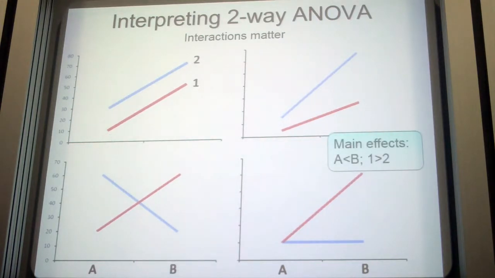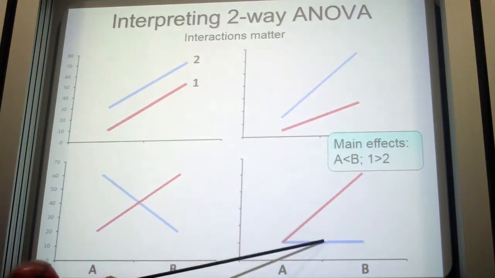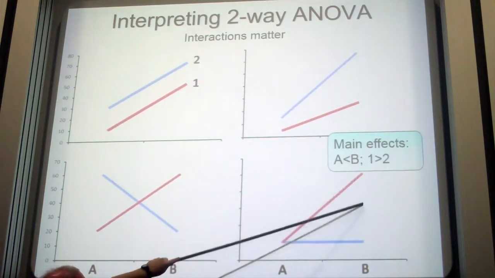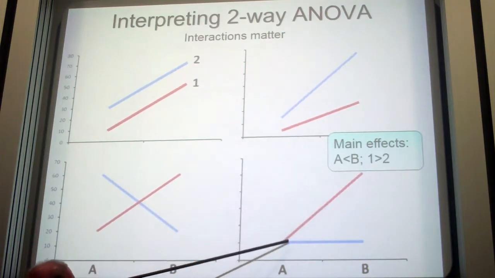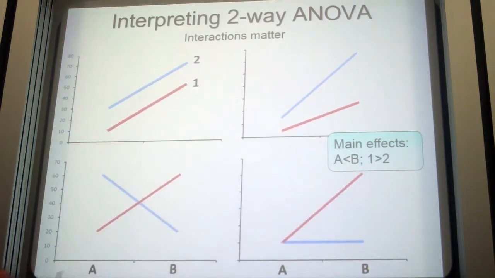Here we have 2 main effects. So on average, the red is higher than the blue. And on average, B is higher than A. Two main effects. Of course, there aren't.